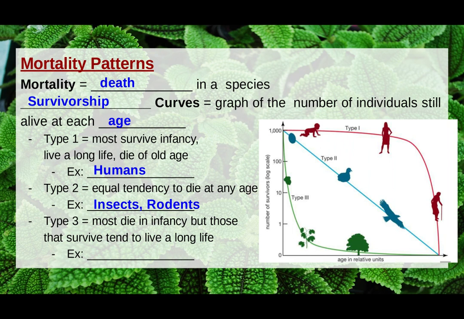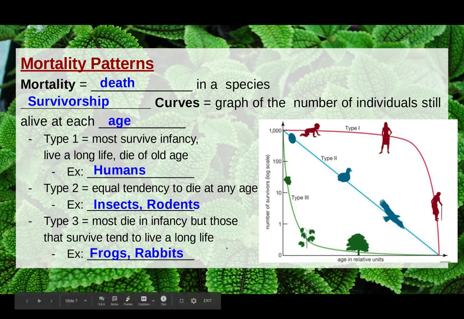Type 3 is where most die in infancy, but those that survive tend to live a long life. So things such as frogs and rabbits, where there's a ton of offspring. One single frog could lay hundreds, even up to thousands of tadpoles or eggs a year or a season. But very few of those actually survive to maturity.